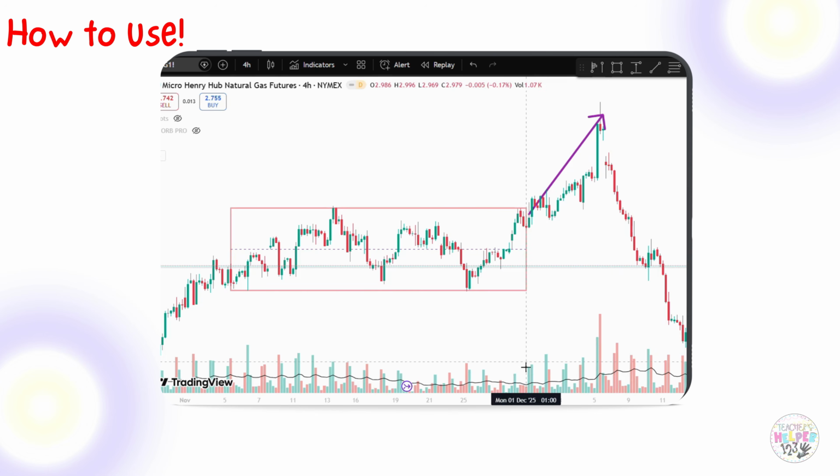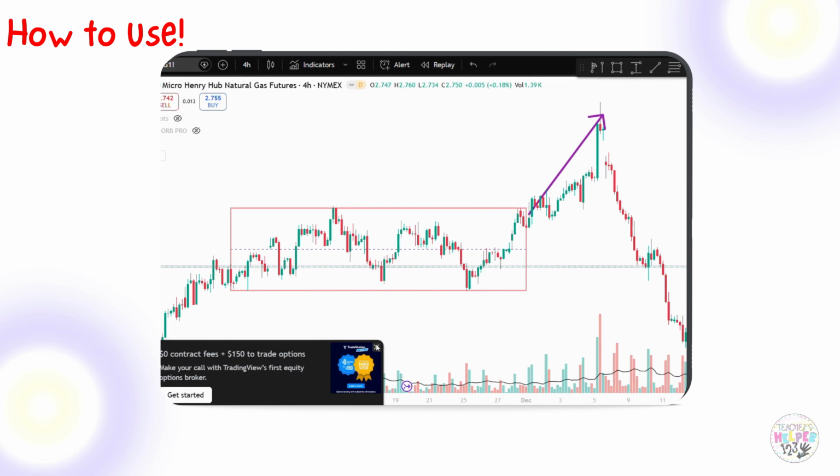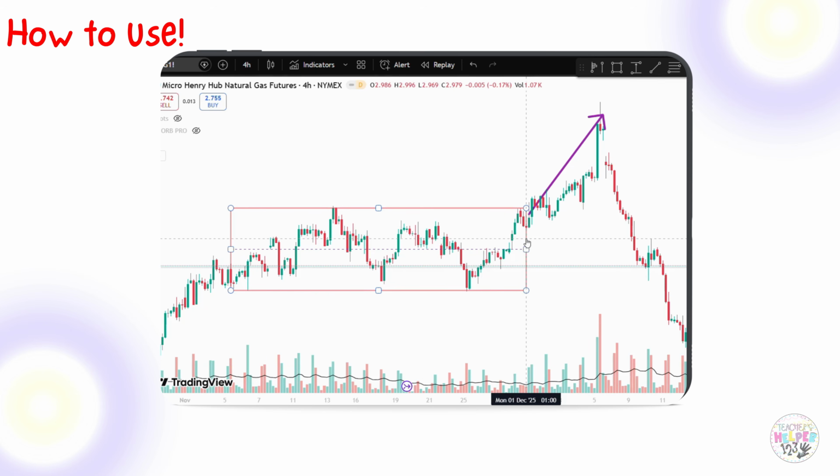Okay, so let's look at the volume down below. Right, on this day here, this green candle here, the volume increased, went above average. So that gives me confirmation here, and the next day also increased, gives me confirmation that the price wants to move outside of this consolidation zone.